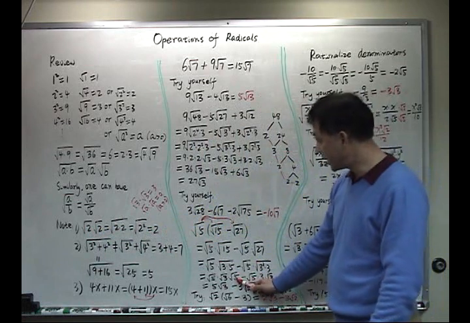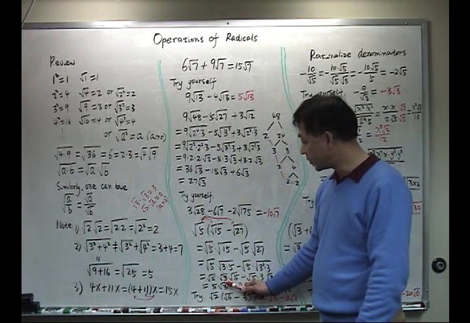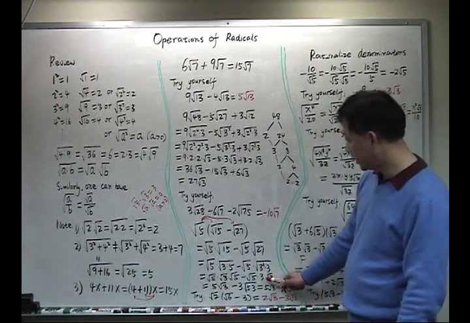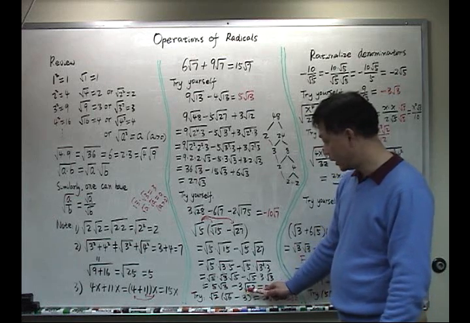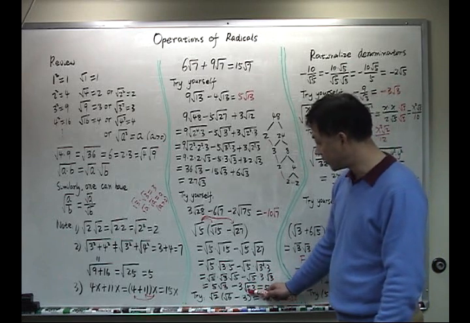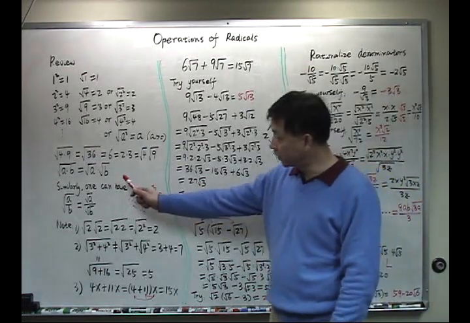So here we have radical 5 is 5, and then times radical 3. Now, here you have a 3, you want to put at the front, and then radical 5 times radical 3 is 3 times 5 inside the radical. It's based on this rule, you see.